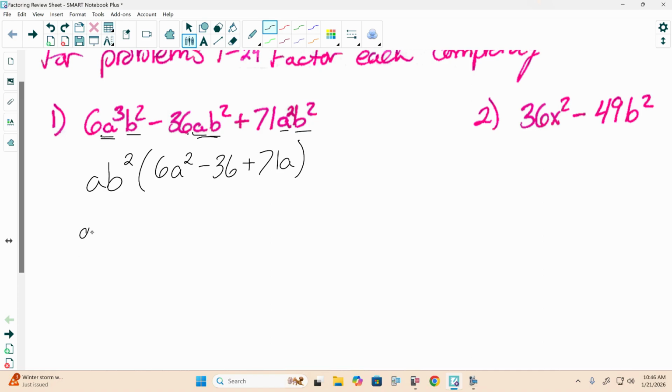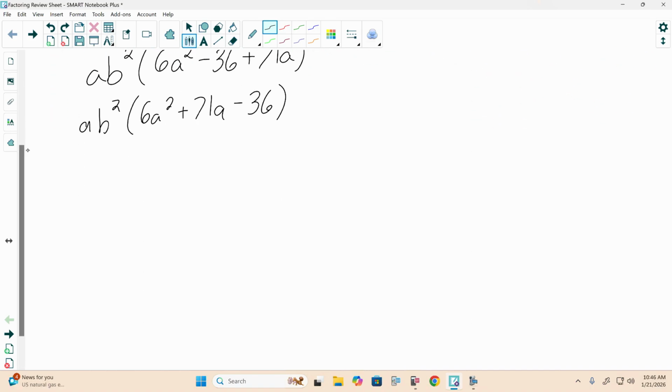Now at this point here, it might be helpful, especially factoring from here, to rewrite the quadratic in standard form. Now, interestingly enough, this is actually as far as it goes. 6a squared plus 71a minus 36 does not factor farther than this here.